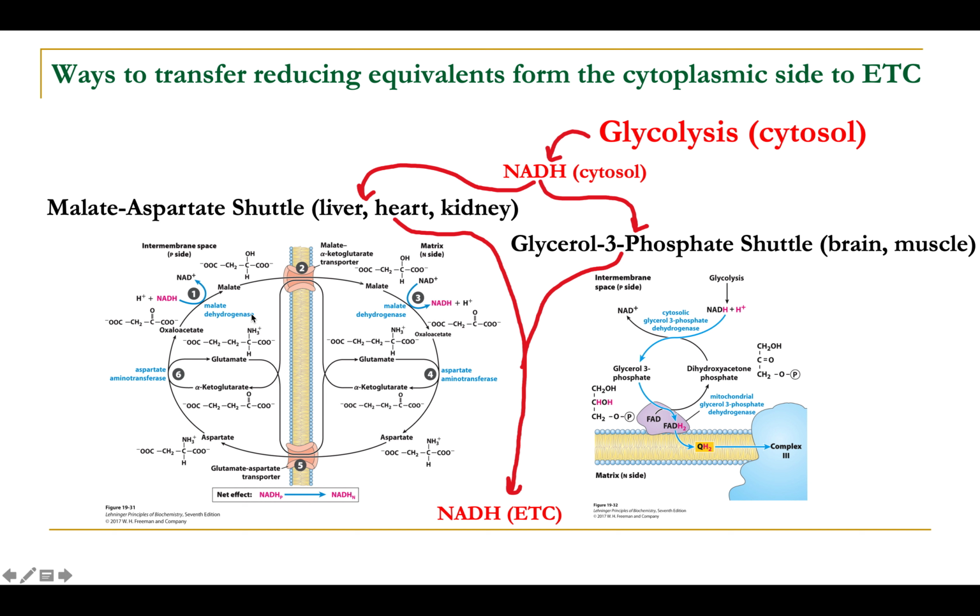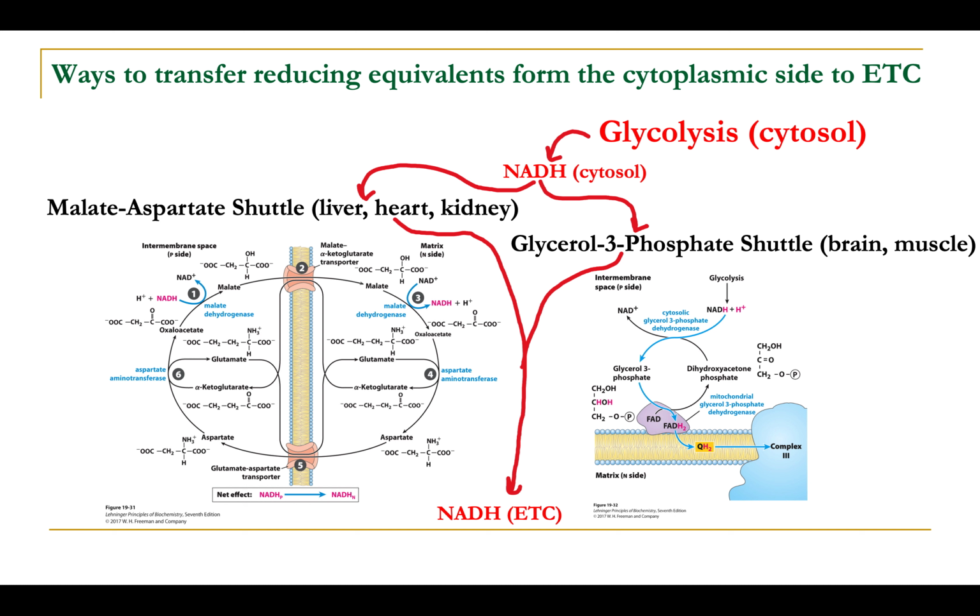The malate aspartate shuttle, we did touch upon its elements when we discussed gluconeogenesis and the way how pyruvate can be channeled through the mitochondrial matrix to convert it to oxaloacetate, a combination of oxaloacetate and NADH, which are vital for running gluconeogenesis.